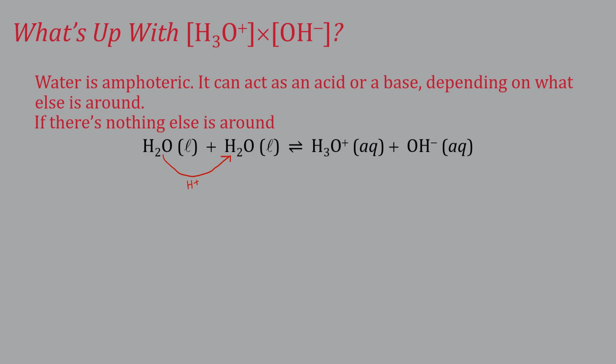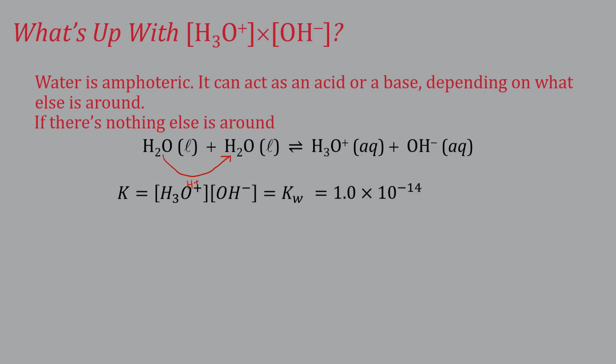Now, what is the equilibrium constant expression for this? Well, it's just H3O plus times the concentration of OH minus. Now remember that the waters here don't go into this expression because they are pure liquids. And this particular equilibrium is deemed so highly important that it gets its own subscript, in this case Kw.